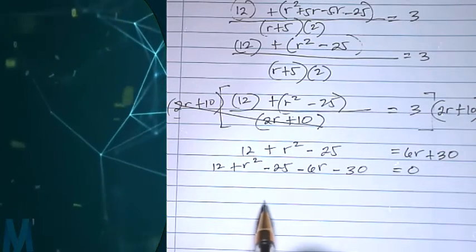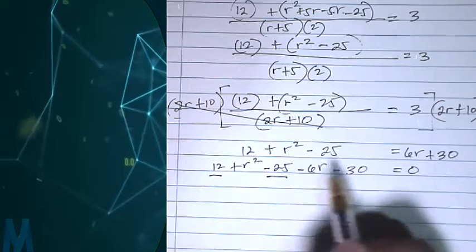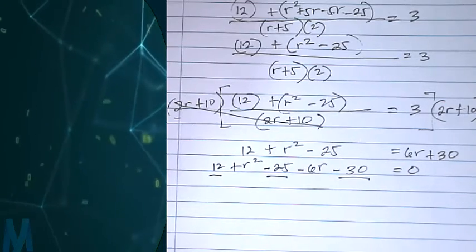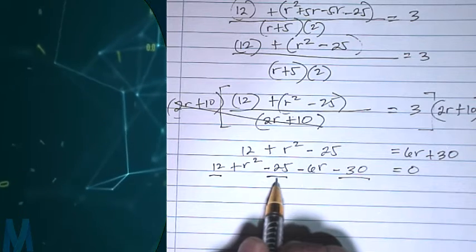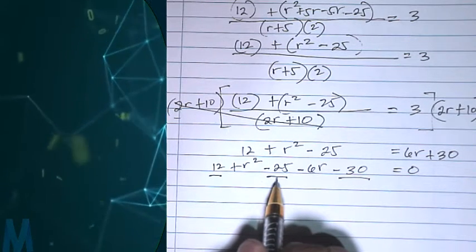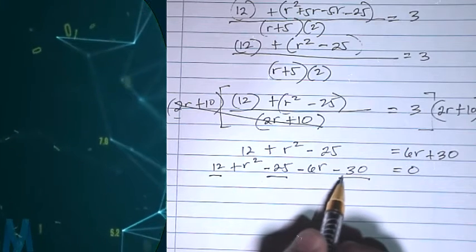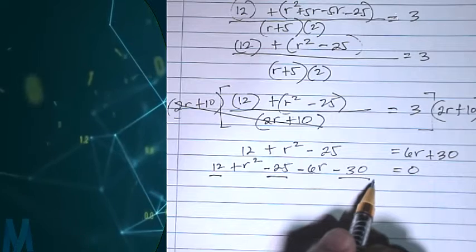Then we are going to combine similar terms. May similar terms. We have 12, negative 25, and negative 30. So 12 minus 25 is negative 13. Minus 30 is negative 43.